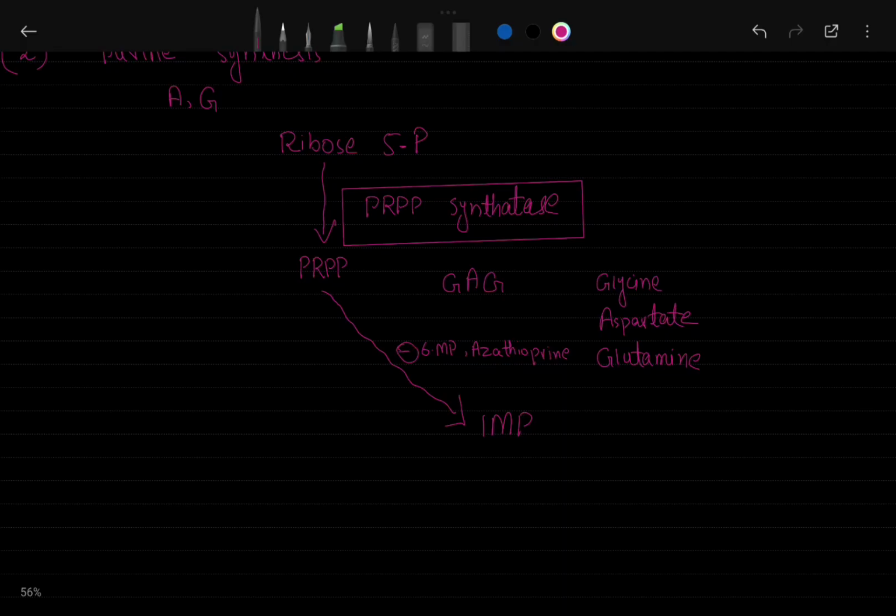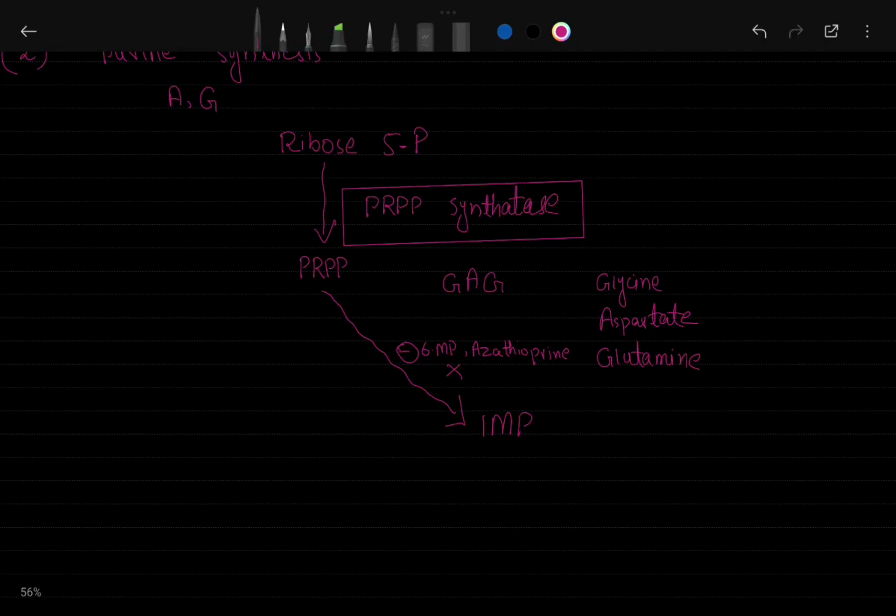These two drugs block this pathway. IMP is inosine monophosphate.